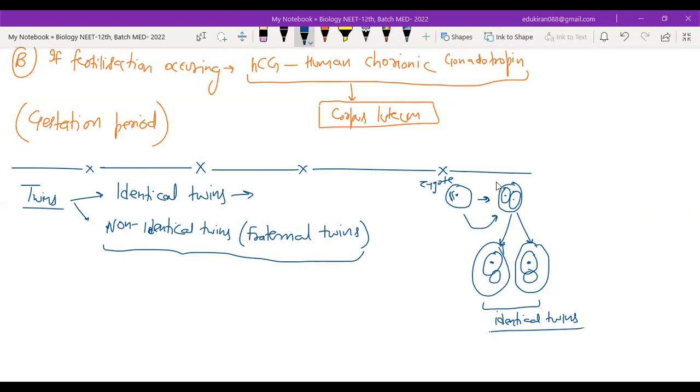Yeah, see, it is possible, but then how are twins possible? I was just thinking that I should give you a short answer and move ahead. There is something called hyperovulation. There is a concept called hyperovulation.